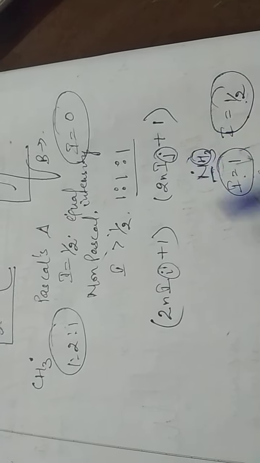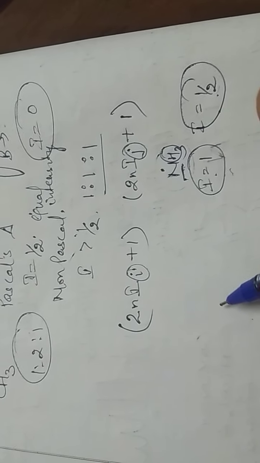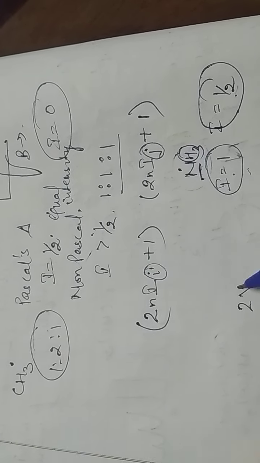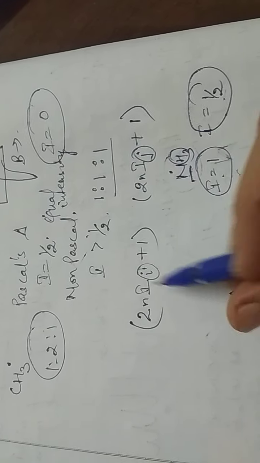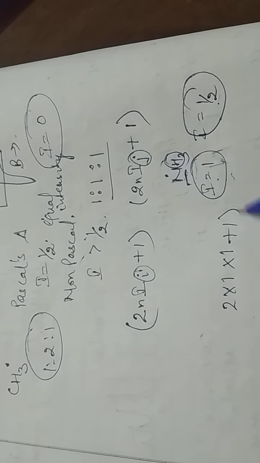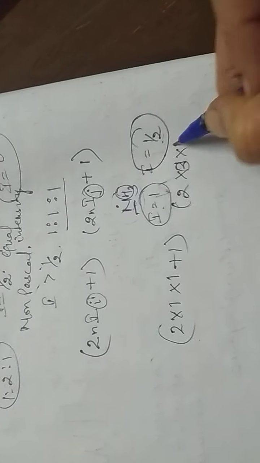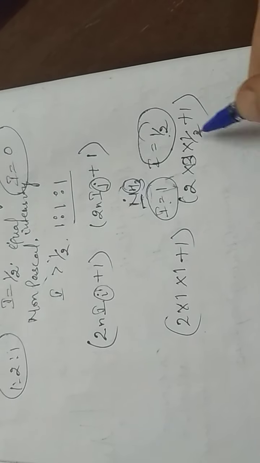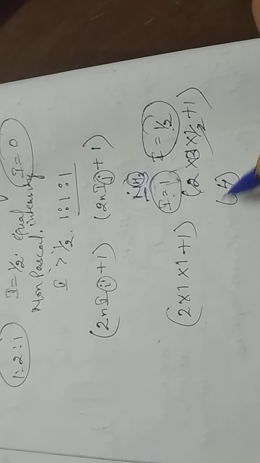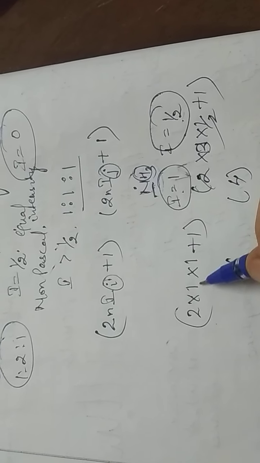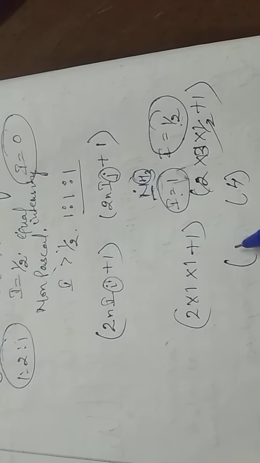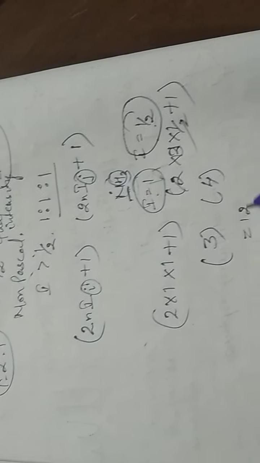So you can calculate it here: 2 into N, which is 1, into I, which is 1, plus 1, and then 2 into 3 into half plus 1. How much is it? 3 plus 1, 4, into 2 plus 1, 3. 3 4s are 12.